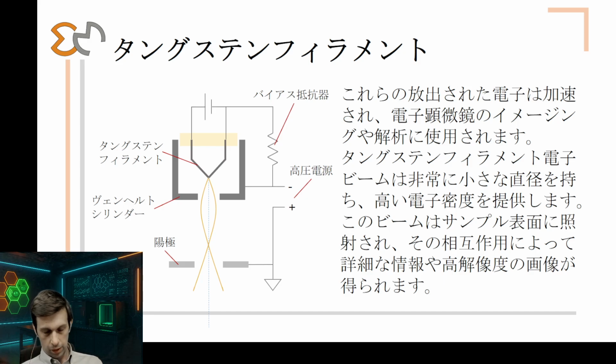The emitted electrons are then accelerated through the surface when they are used for the detection. The spot is small, and the electron density is quite high, but compared to the other technologies, the resolution of a tungsten filament electron microscope is low.